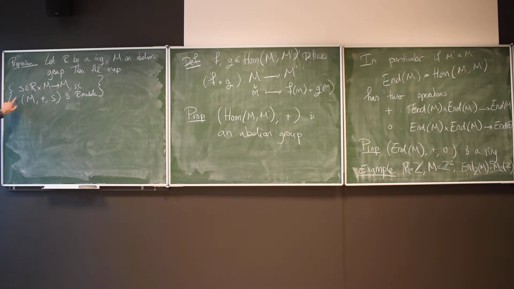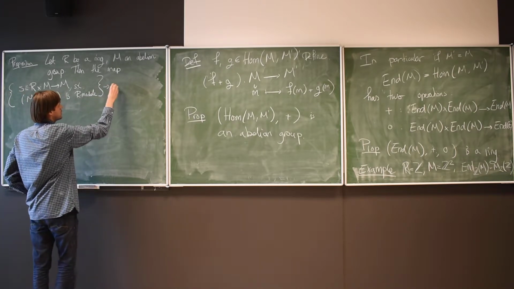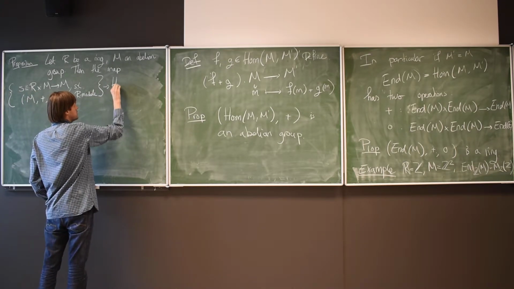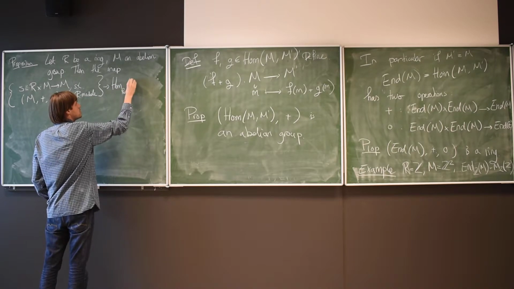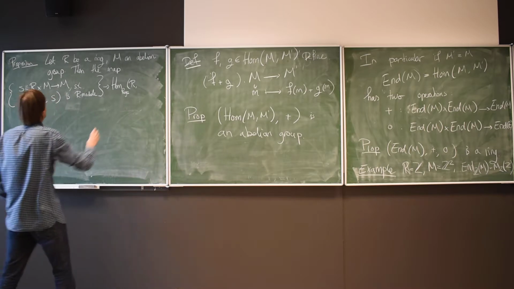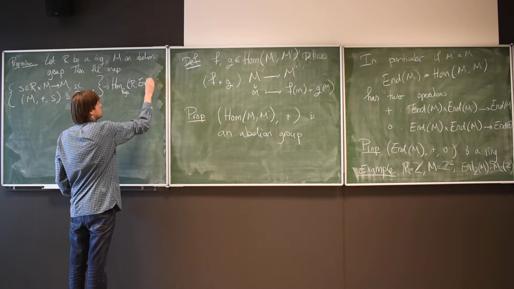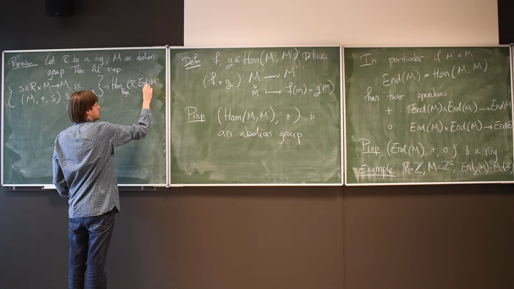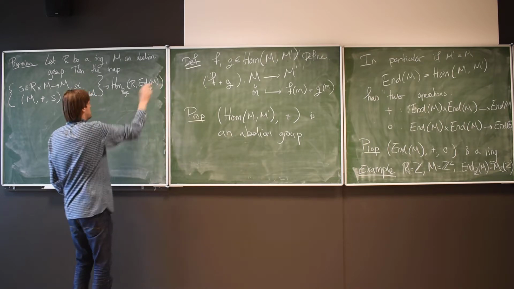So I can make a map from this to the set of ring morphisms from R to End(M). So M is here a group, so maybe I put that there to clarify.